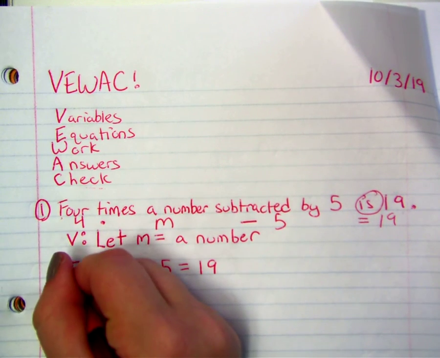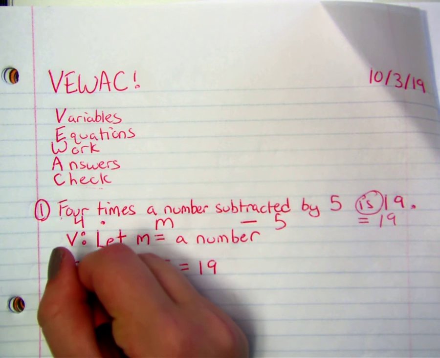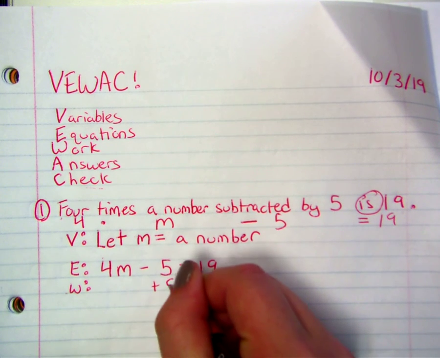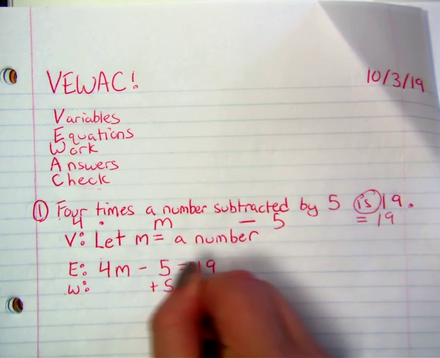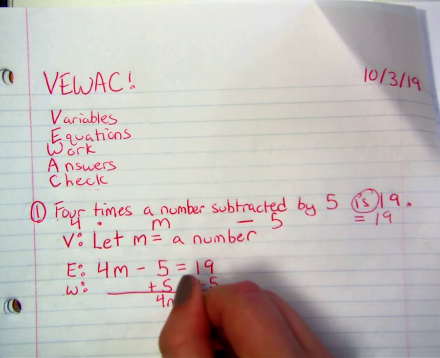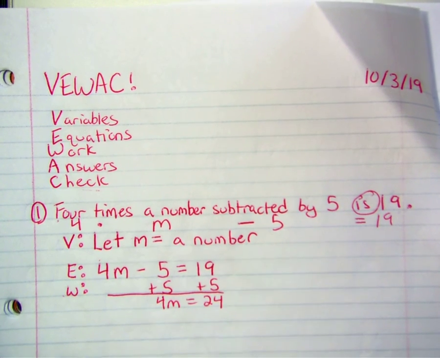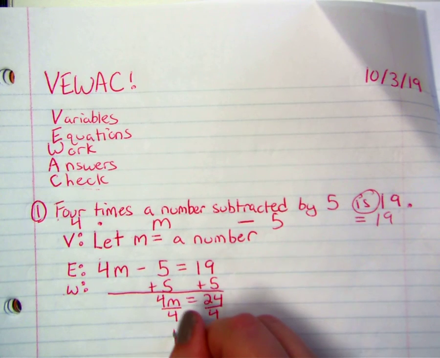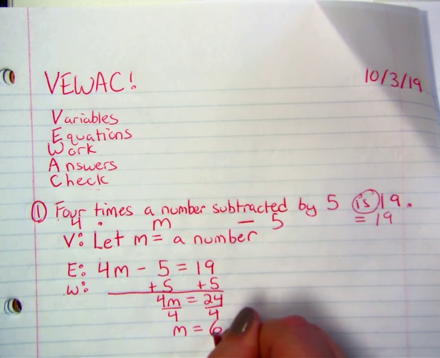Now I'm going to do my work. So that's my W. This is a pretty basic equation that we did in the beginning of the year. Add 5. You get 4M equals 24. Divide by 4. Divide by 4. M equals 6.